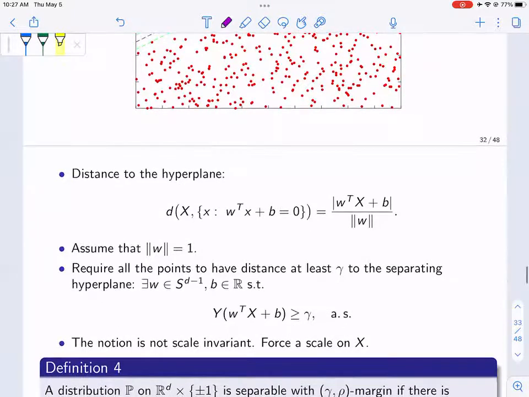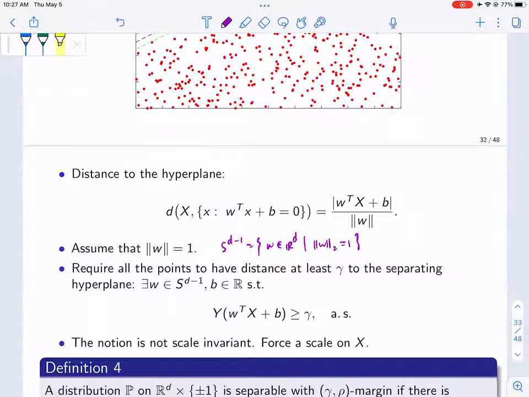Then we can require that the points have a distance at least gamma to the hyperplane. So S^{d-1} is the sphere, all w in R^d such that norm w is 1.